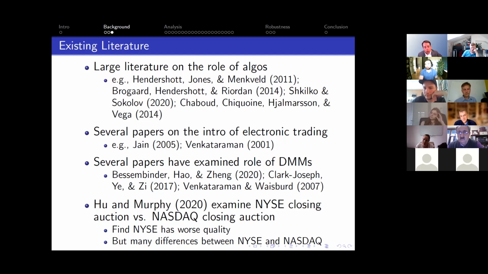They compare all of NYSE to all of NASDAQ. And I think one difficulty there, of course, is NASDAQ stocks tend to be very different from NYSE stocks. And so I'll try to account for that in everything that I do in our presentation today. But if you haven't seen that, it's also a very interesting paper that looks at the differences in closing auction qualities and how that affects everything.